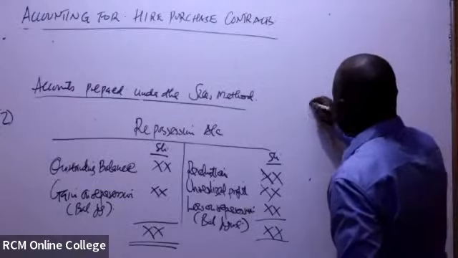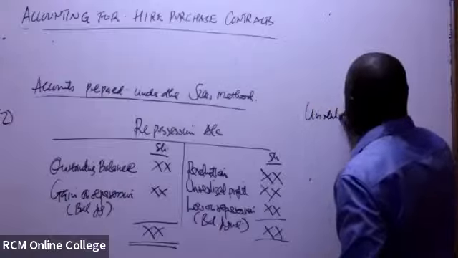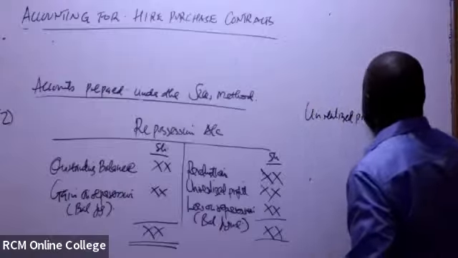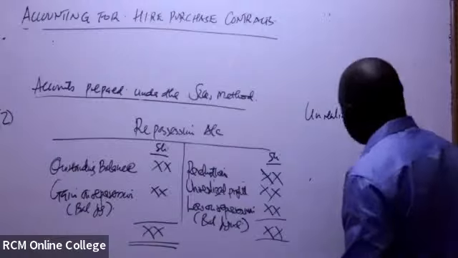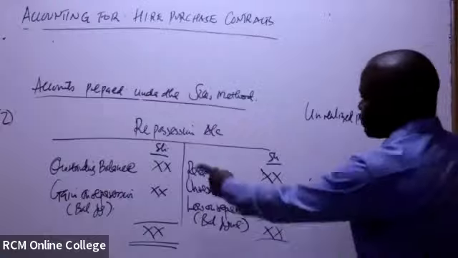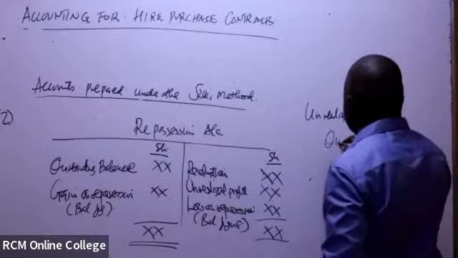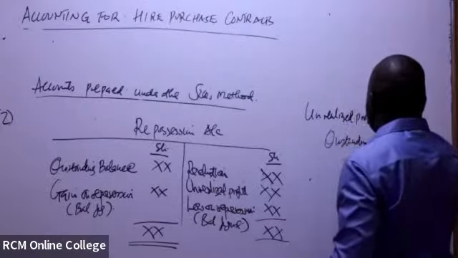You can write: unrealized profit is equal to the outstanding amount.